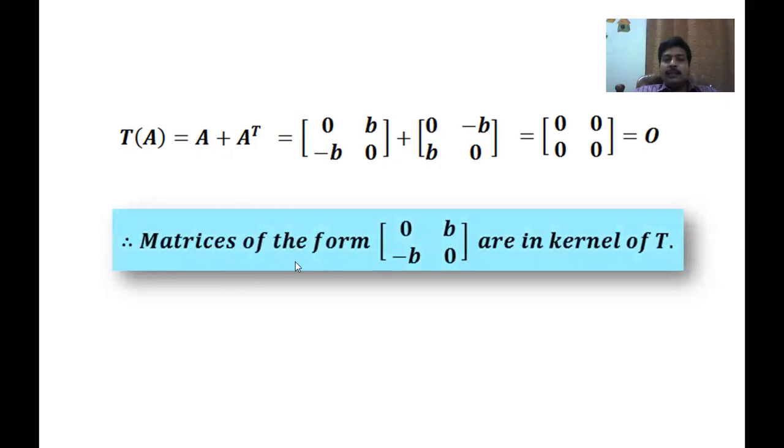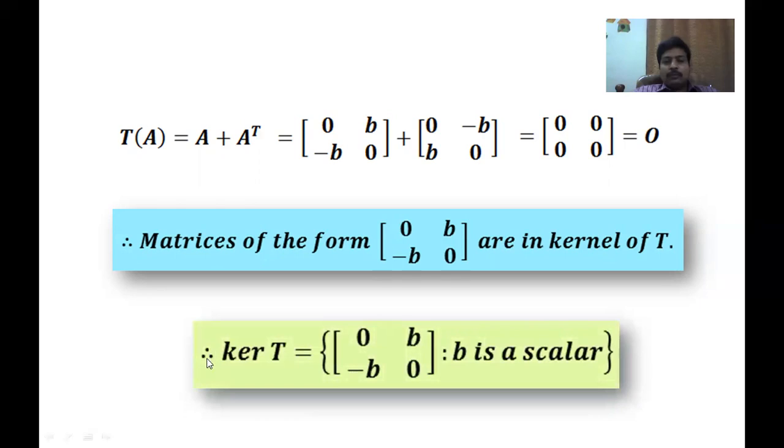So matrices of the form [0, b; -b, 0] are in the kernel of T. For example, [0, 2; -2, 0] will be in the kernel of T. For any scalar b, [0, b; -b, 0] is the required form.